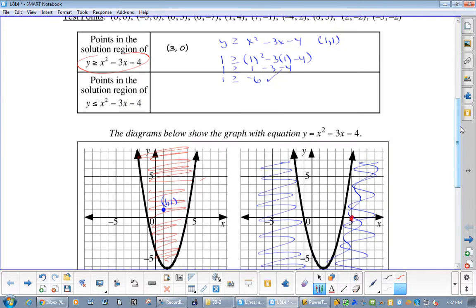It should work when I try it. 0 is the y, right? So 0 is supposed to be less than or equal to 5 squared minus 3 times 5 minus 4. 0 is less than or equal to 25 minus 15 minus 4. 25 minus 15 is 10, 10 minus 4 is 6. Is 0 less than 6?